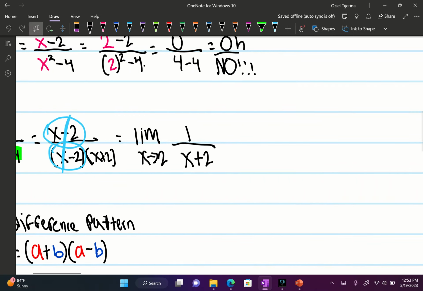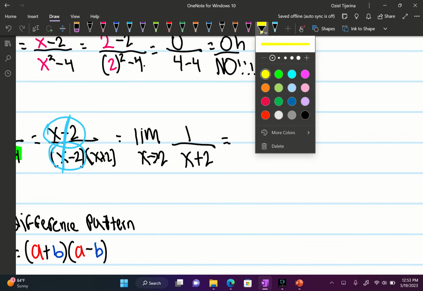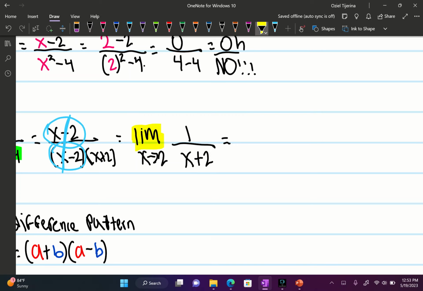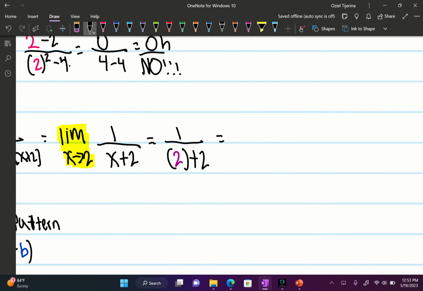And we are left with the limit as x approaches 2 of 1 over x plus 2, excuse me. And now we can do direct substitution again because that's basically the main thing that we did at the beginning. We can now directly substitute x equals 2. We can say 1 over the quantity 2 plus 2. And what does this give us? This gives us 1 over 4.